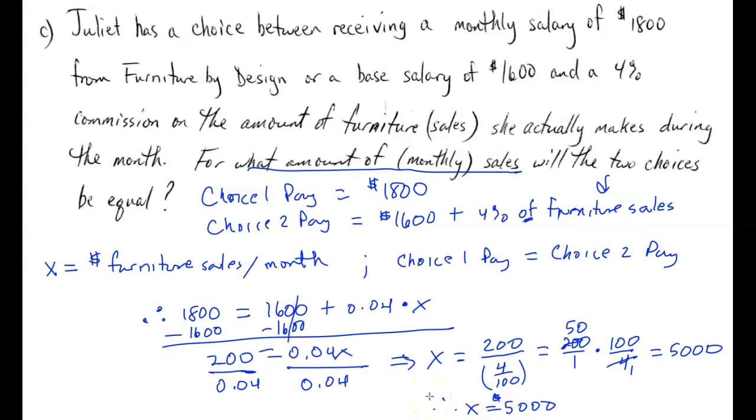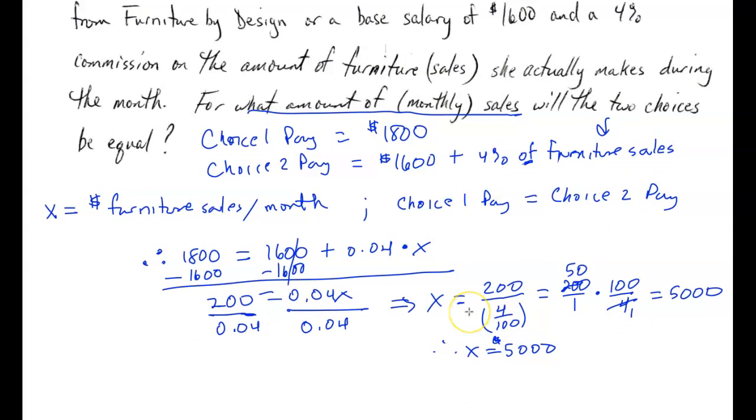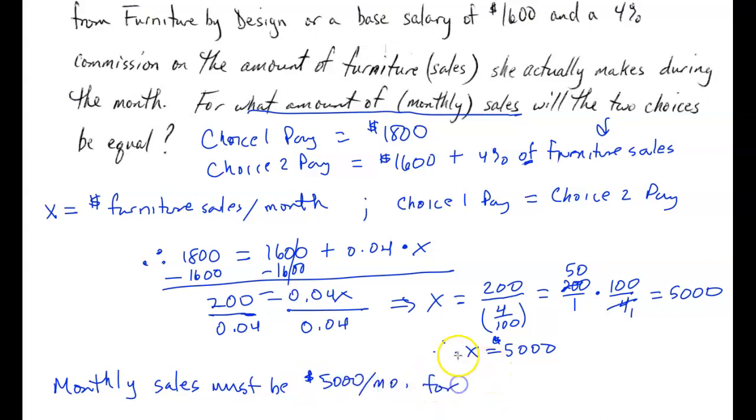And thus the last thing that we need to do is state our final answer here in a sentence. So we'll say here, monthly sales must be 5,000 per month for both salary choices to be equal.